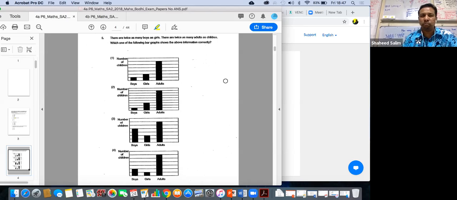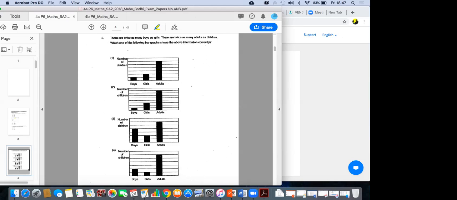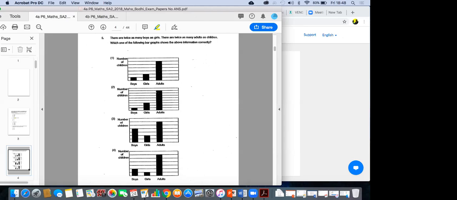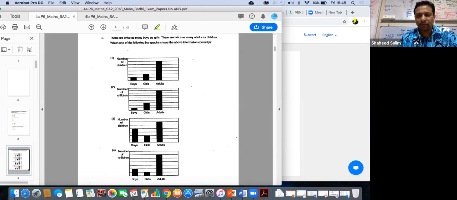Twice as many boys as girls. Number 4 says, who is that? Shafika. Number 3 says, okay, so it's Raihana. Number 4. Okay, let us see number 3.